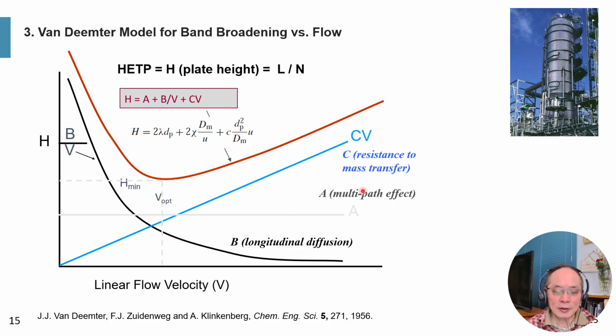Finally, you have the C term, which is resistance to mass transfer, which is very dependent on flow rate. And here is the Van Deemter equation, depending on the diffusivity of the analyte. U stands for the linear velocity, dp is particle size.